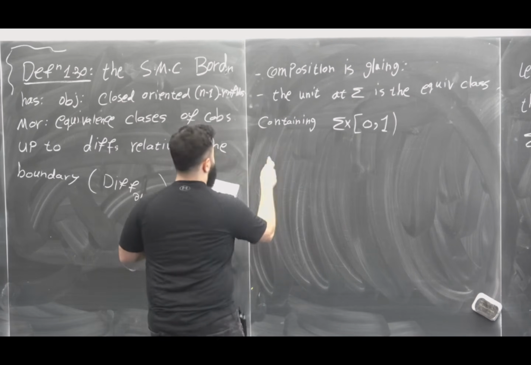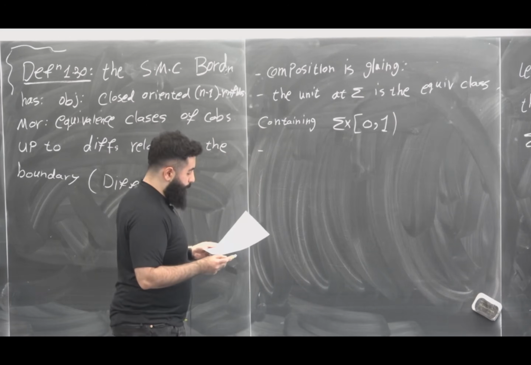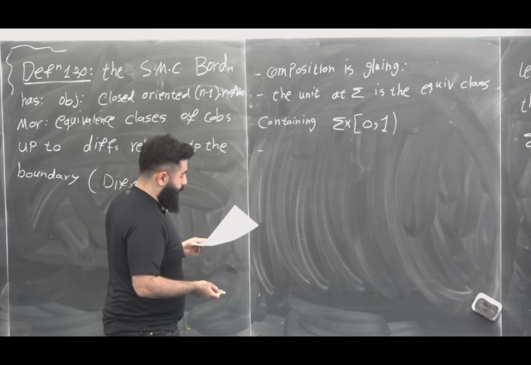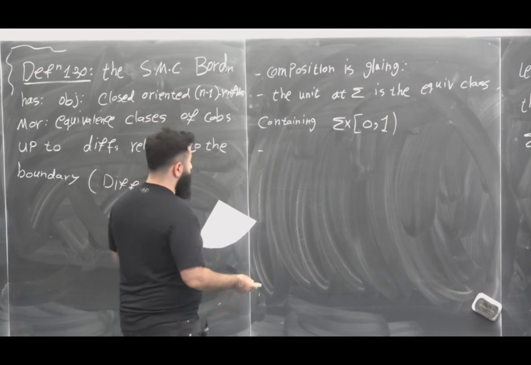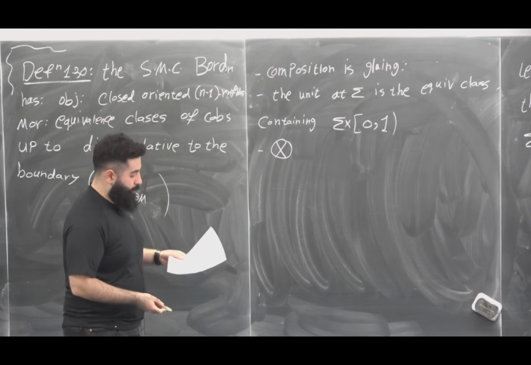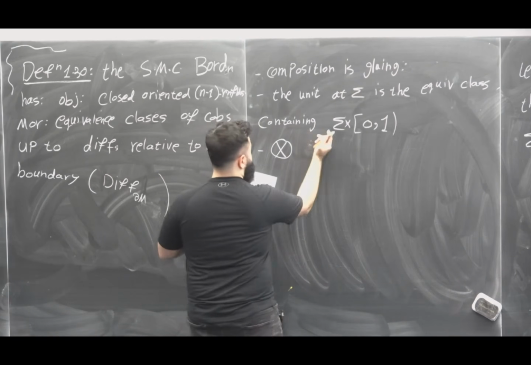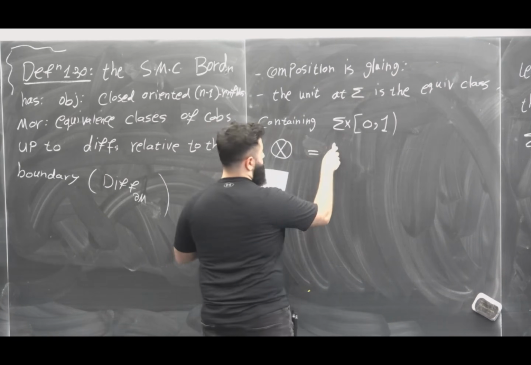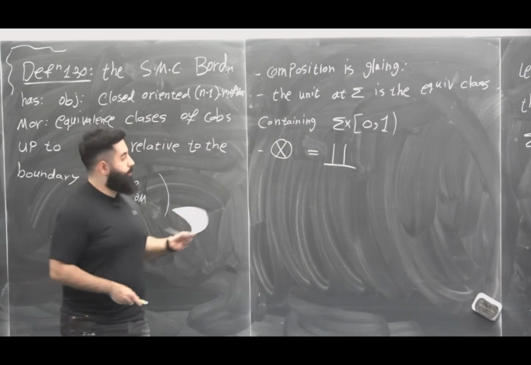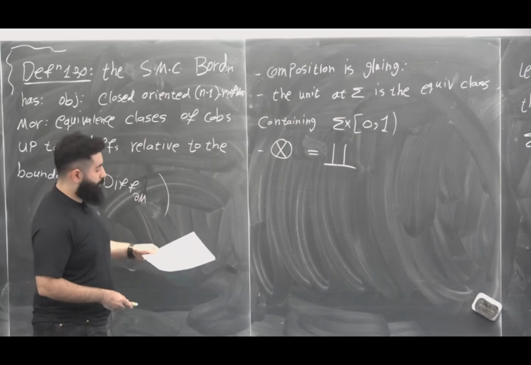The monoidal structure. I have so many spelling mistakes. I'll just give you the monoidal product, or the generalized tensor product, whatever you want to call it. Let's just call it the tensor, here it's the disjoint union. So this might seem a bit crazy to write, but it actually makes sense.